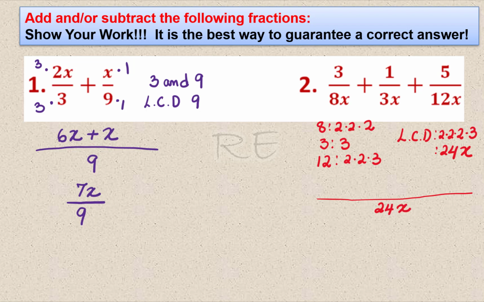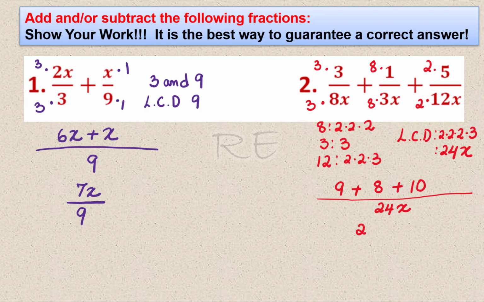24x is the LCD. To get 24x, we multiply 8x and 3 by 3. We get 9. We multiply 3x by 8 and 1 by 8. We get 8. We multiply 12 by 2 and 5 by 2. We get 10.